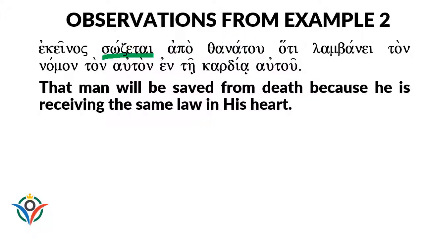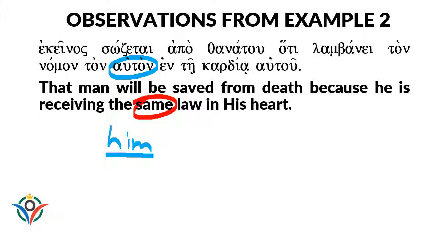Then, very importantly, let's speak about the translation of the third person personal pronoun auton. All right, so we know from our vocab that we normally translate auton simply as him, if it is masculine, which it is. But in this instance, we've translated it as the same. So what is the reason for that?